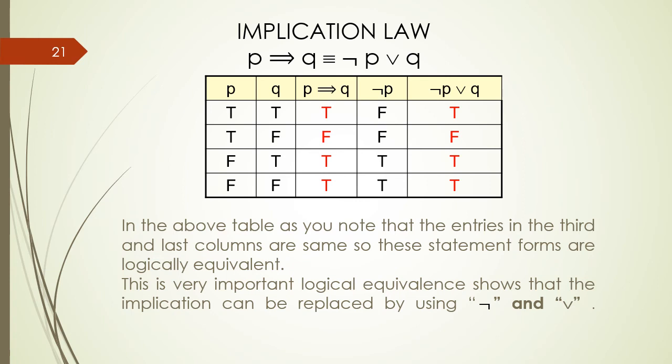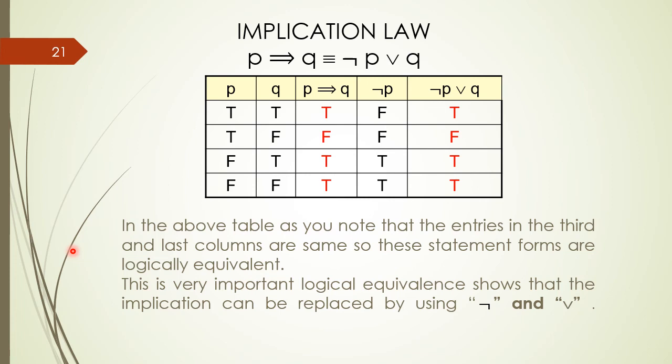Students, in the previous slide, we showed that the conditional statement P implies Q is logically equivalent to the conditional statement not Q implies not P. Here we are going to show that the conditional statement P implies Q is logically equivalent to the compound statement not P or Q, and this is known as a very important implication law.